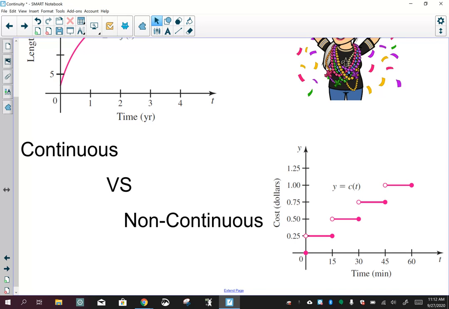However, even in a non-continuous graph, we can actually be continuous, because if I asked you to look at where x equals 20, and ask you, am I continuous right here at x equals 20? Your answer is going to be yes, because I'm going to be approaching the same number from both the left and right sides, and I'm going to be defined at 20.